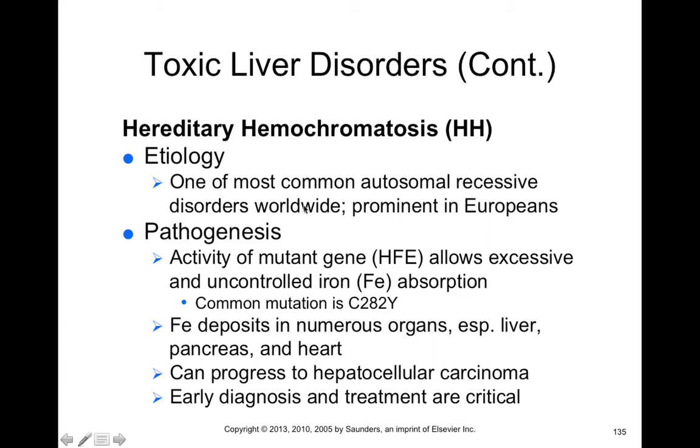It turns out tuberculosis can't survive very well within a macrophage, so individuals with hereditary hemochromatosis are actually better able to fend off tuberculosis infection. So while TB was sort of roaring around Europe, individuals with HH may have been protected against that infection due to this particular toxic liver disorder, which is actually pretty interesting.